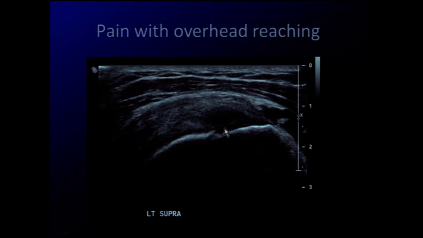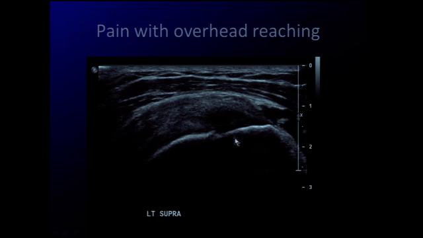We're looking at the supraspinatus tendon in this case, and you can see that the tendon is heterogeneous. It is hypoechoic compared to a normal. We've lost the normal fine parallel echogenic lines, which represent the collagen fibers, and we have this focal area of decreased echogenicity right here overlying the greater tuberosity.